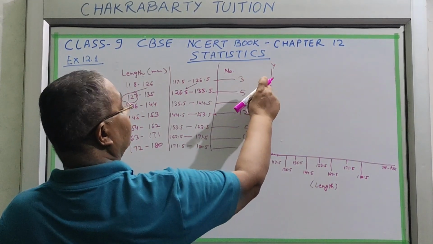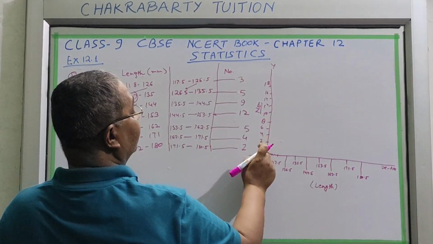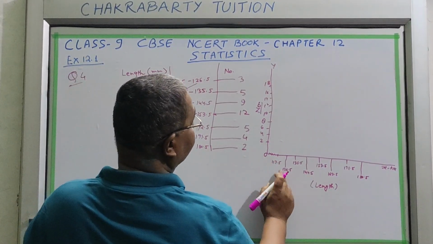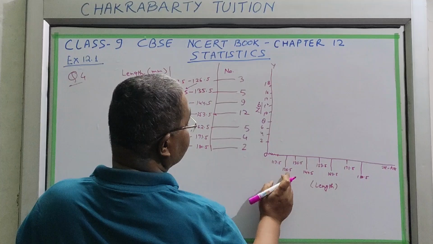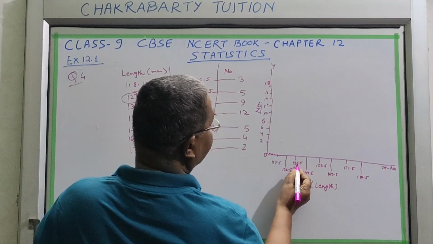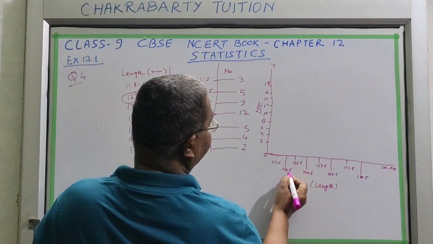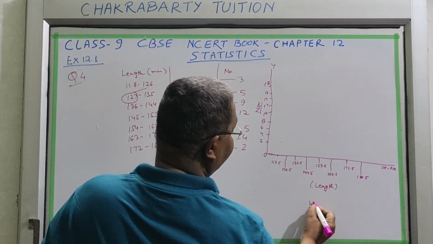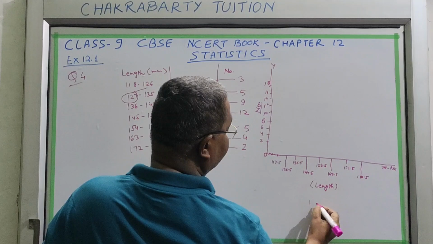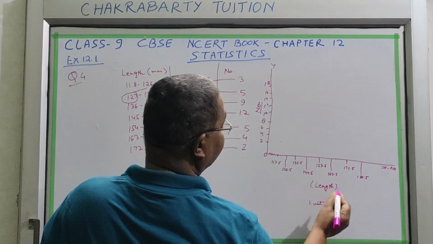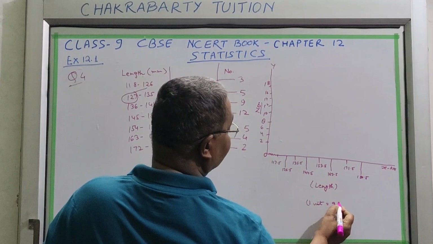The scale we have taken: on the x-axis 1 unit equal to 9, and on the y-axis 1 unit equal to 2.